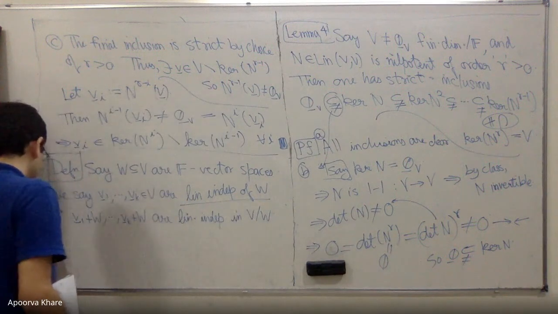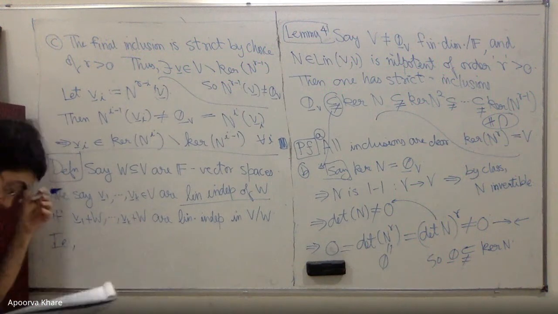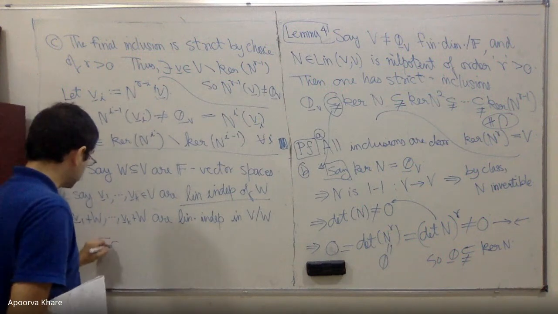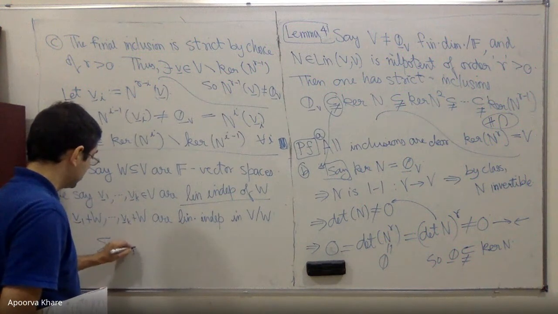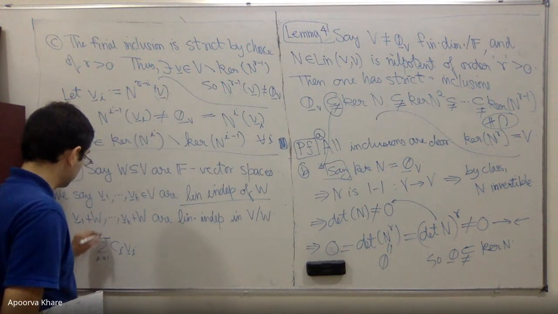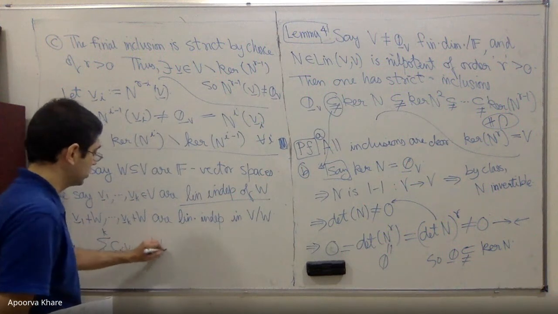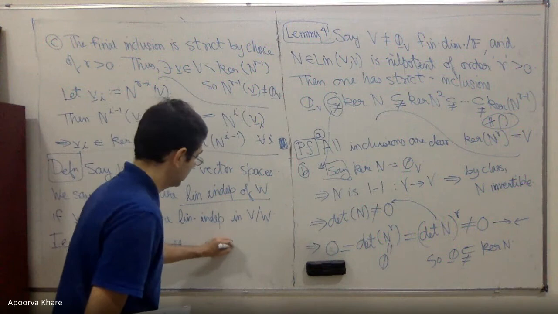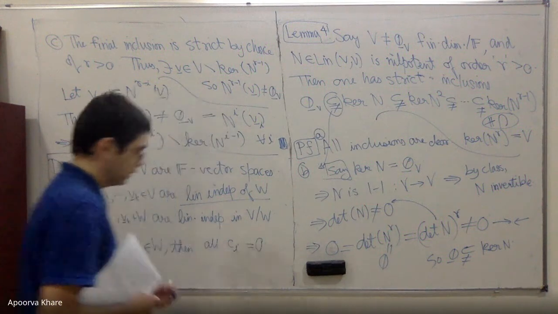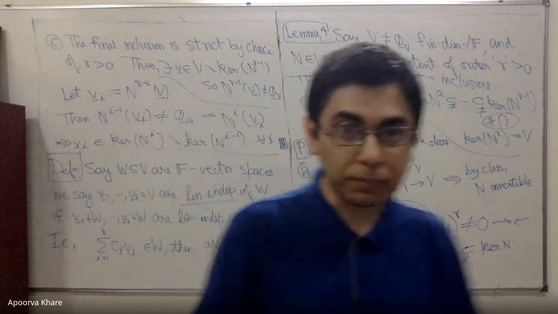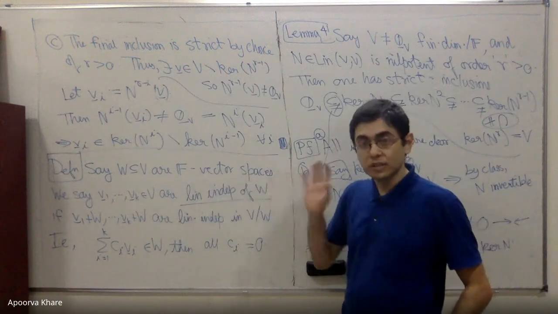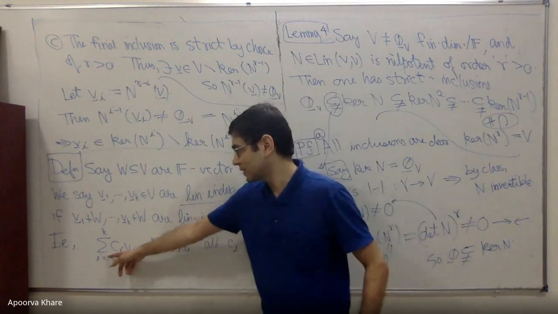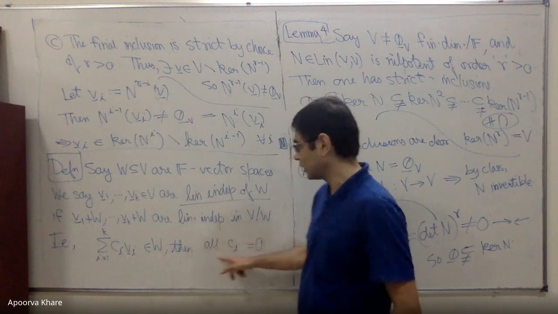In other words, and this is the definition I gave you, if you have the summation of c_i v_i, i from 1 to k, belonging to W, then all c_i equal 0. So for example, if my subspace W was the trivial zero vector space, then linear independence of 0 is exactly the same as linear independence, because it's saying if the summation of c_i v_i equals 0, then all the c_i are 0.